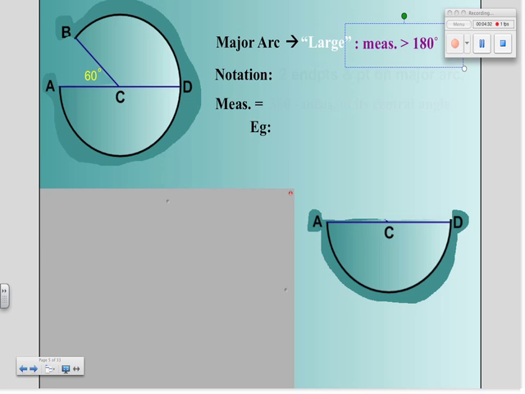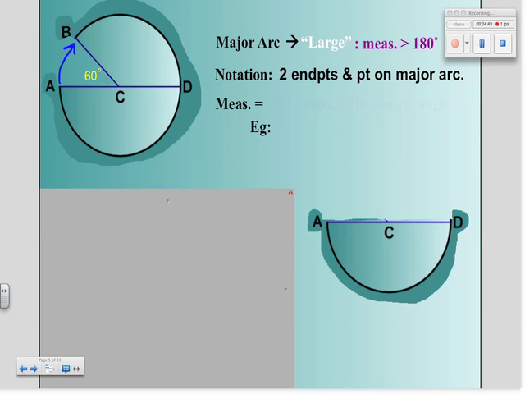However, with the notation, we need to be clear and precise. Again, there are two ways to go about a circle. We've got this short way going from A to B, but then we can also get from A to B going the long roundabout way.